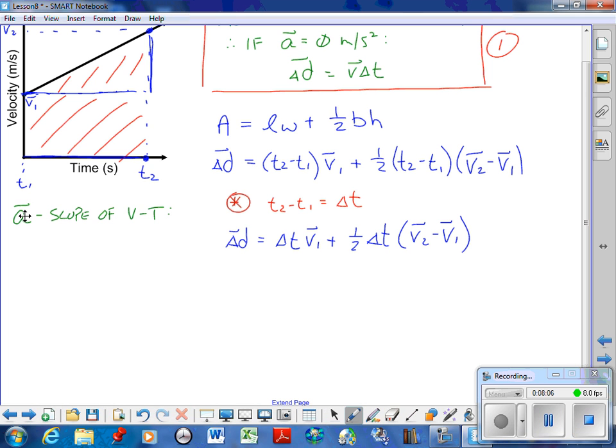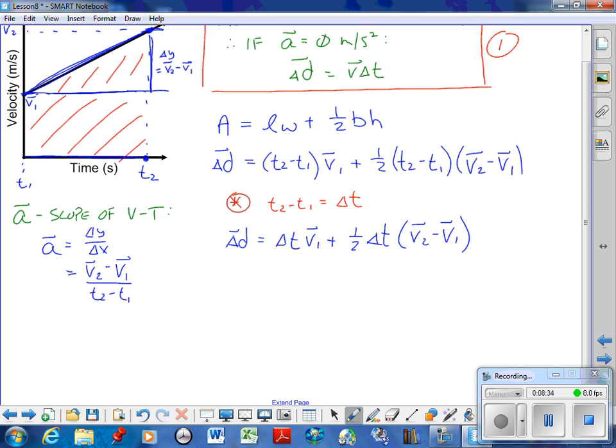So I'm going to find the acceleration on this stretch right here. We know that acceleration is delta y over delta x. What is my delta y in this case? My delta y will be v2 minus v1, the height of that triangle. And the time is going to be t2 minus t1.